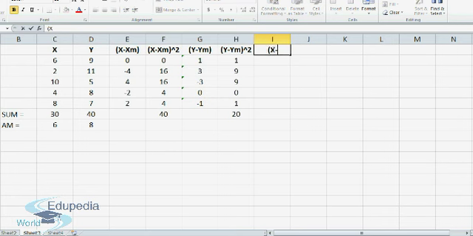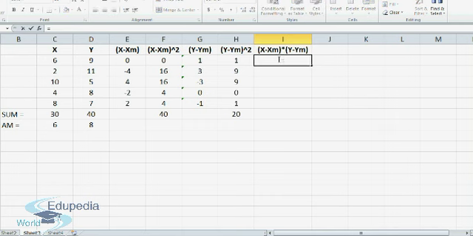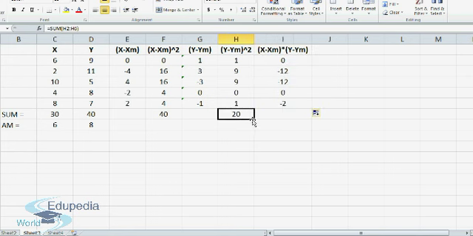It's x minus the mean of x multiplied by y minus the mean of y, and this will simply be the value here multiplied by the value in this column. And then taking the sum over this, I get minus 26.